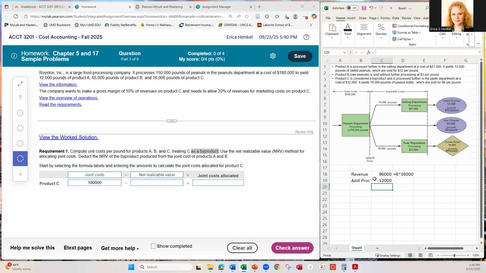Product C is considered a byproduct processed further at a cost of $12,000, sold for $6 per pound. Do we have any other costs here?